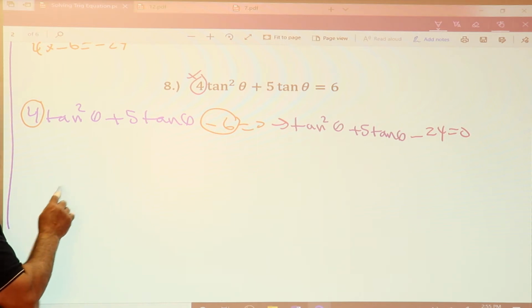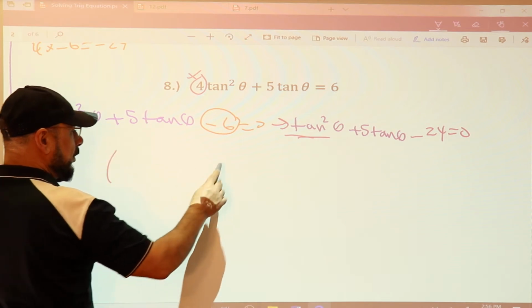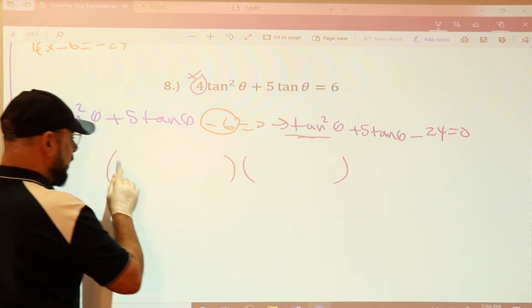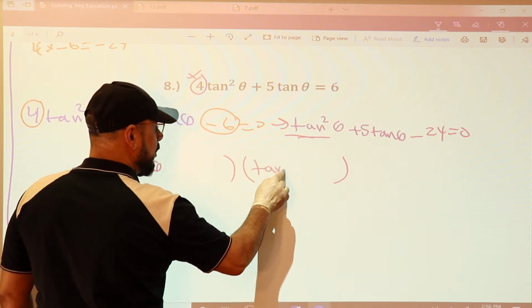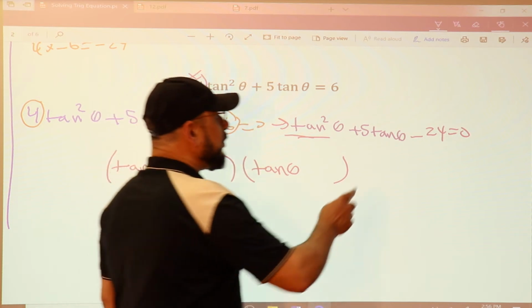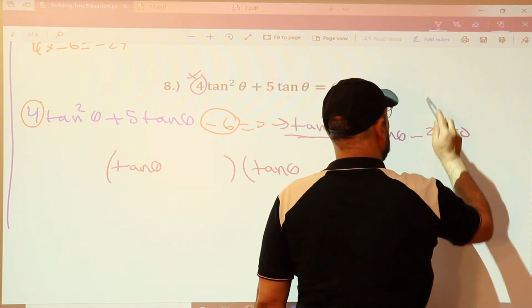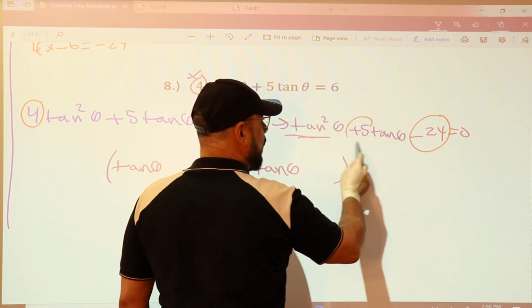How am I going to factor this? I need two numbers. First, tan theta, then two numbers multiplied to negative 24 that add to 5.